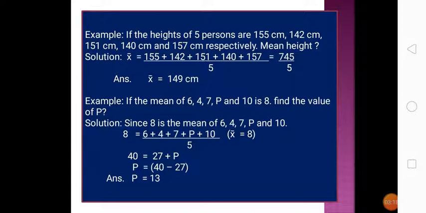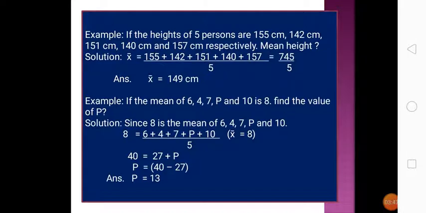The sum of these heights is 745 and the number n is 5. We divide 745 by 5 and we get the value of mean height, x bar, equal to 149 centimeters.